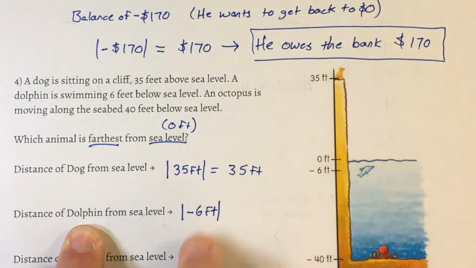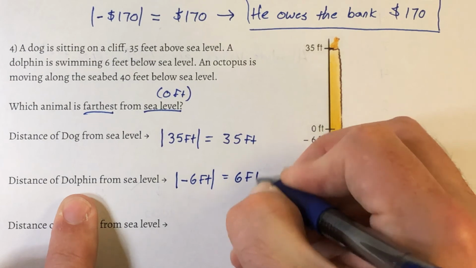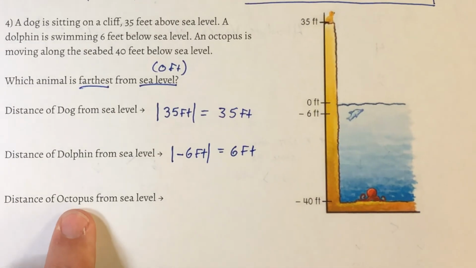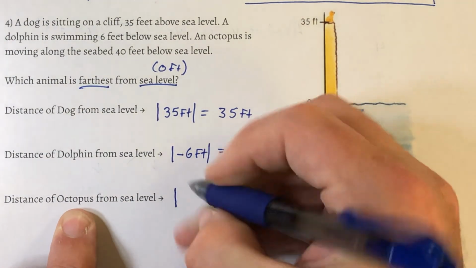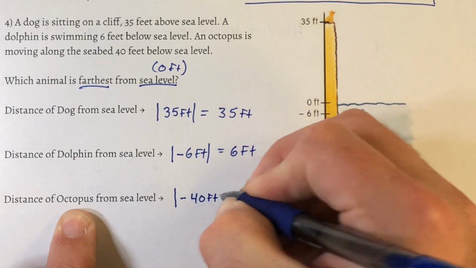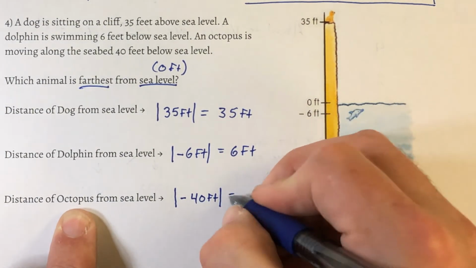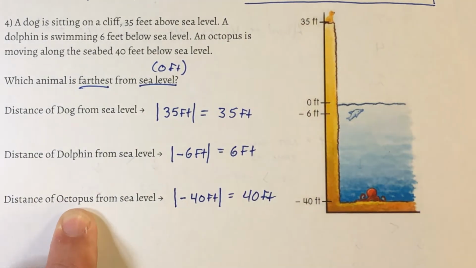How far is negative 6 feet away from 0? Well, that would be 6 feet. And then last, the octopus. The octopus is at negative 40 feet. So I want to calculate the absolute value of negative 40 feet. How far is that from 0? That would be 40 feet. Again, distance is always positive.